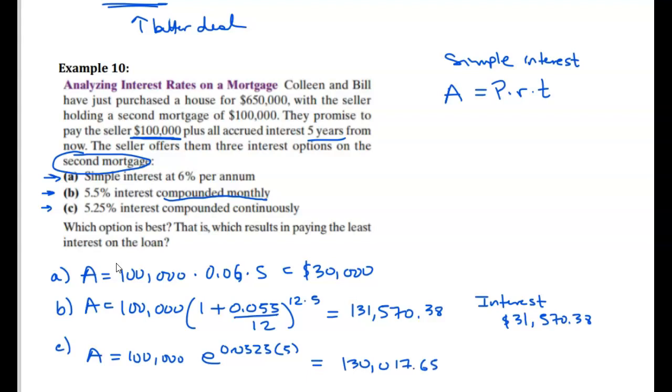Okay, so this is the total amount. The interest is going to be this minus the original 100,000, so it's $30,017.65.